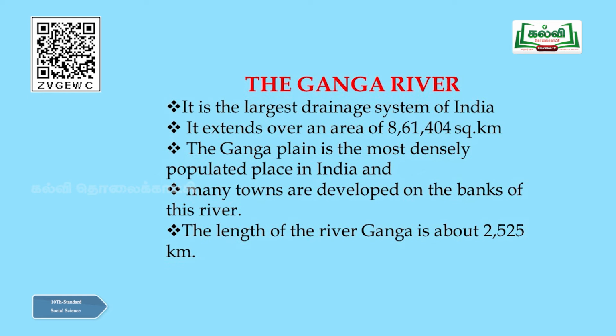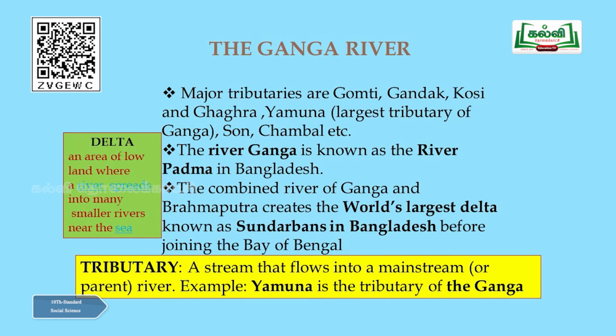The length of the river Ganga is about 2,525 kilometer, and the major tributaries of Ganga are Gomti, Gandak, Kosi, Gagra, Yamuna, Son, Chambal, etc. Here the Yamuna is the largest tributary of Ganga. What do you mean by tributary?